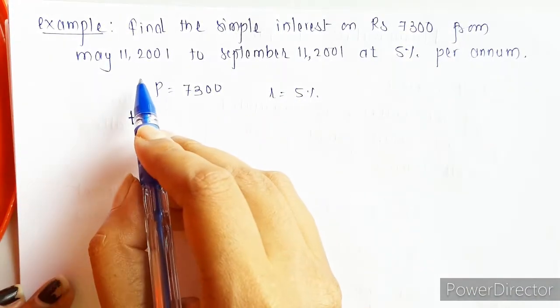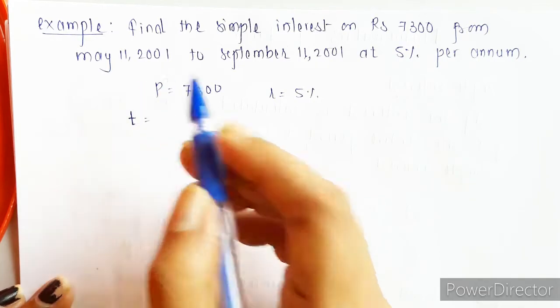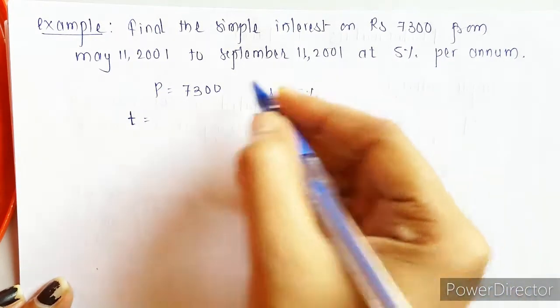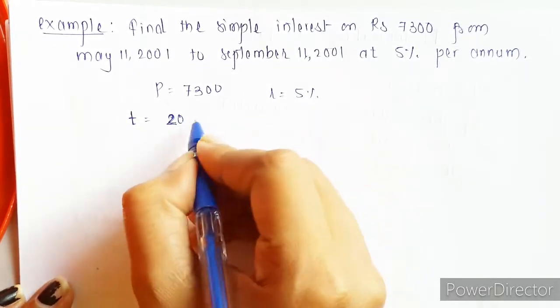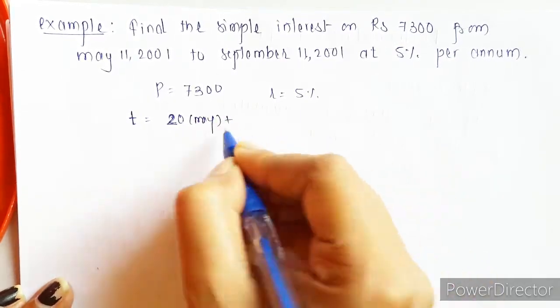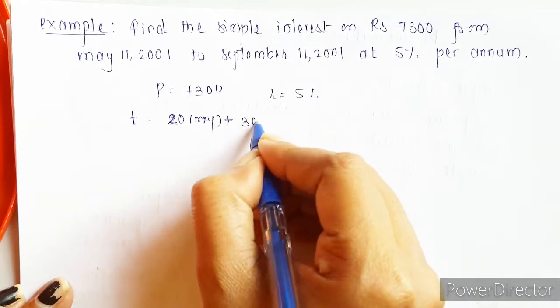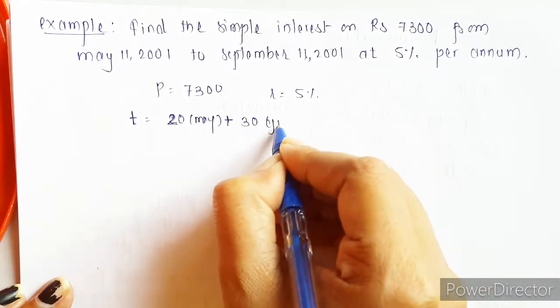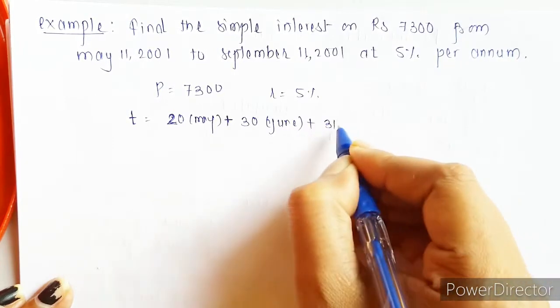Now May 11 to May 31, we have a total of 20 days. This is of May. Then June entire, we have 30 days. July 31.